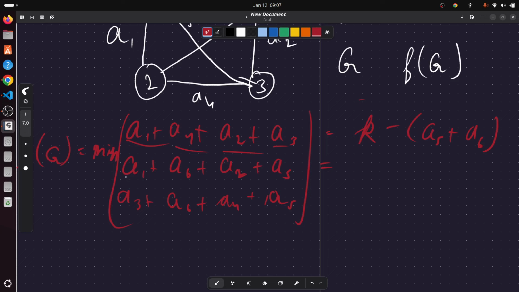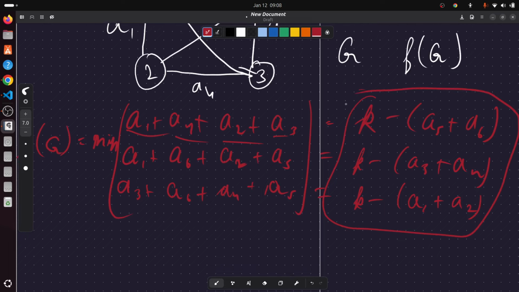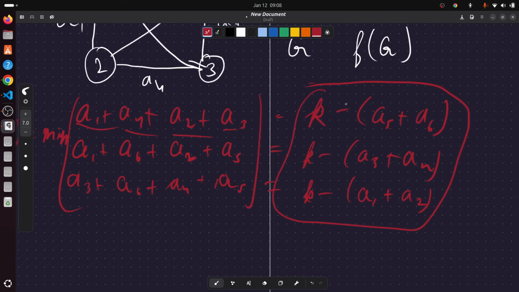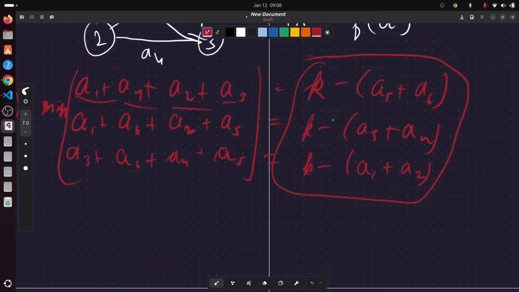Otherwise, if we leave a3 and a4, we have k minus (a3 plus a4), and if we leave the edges a1 and a2, we have k minus (a1 plus a2), right? So we have these three possibilities for our f value, and we will take the minimum of that, right?